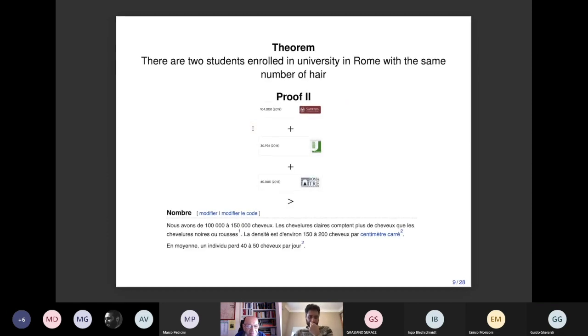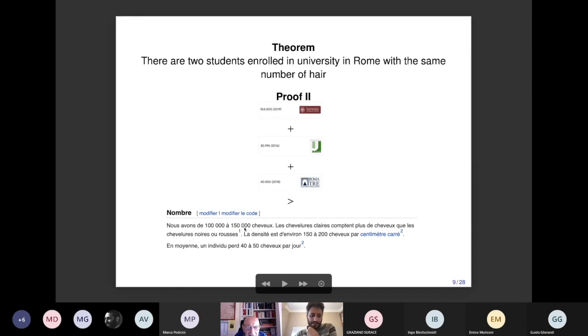And the other proof is more theoretical. I know that the students of La Sapienza are more or less 100,000. We have 300 in Roma 2, 400 in Roma 3. And the sum is more than 150,000.